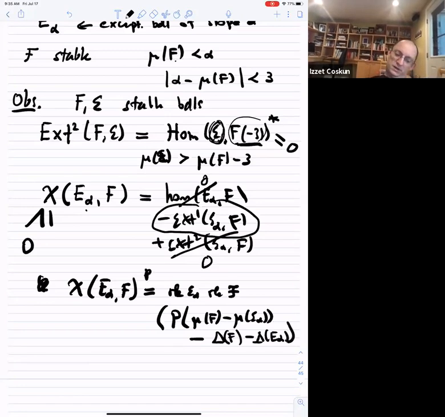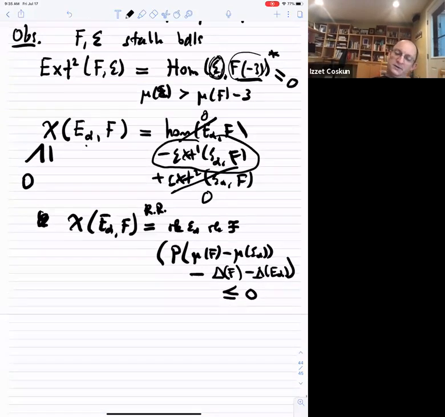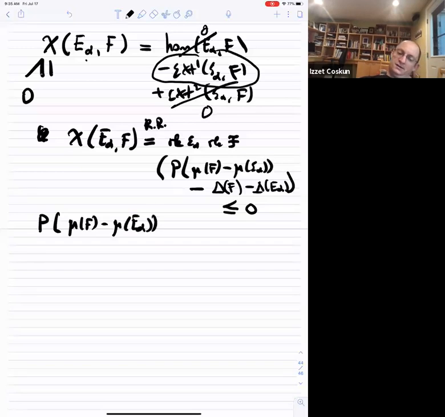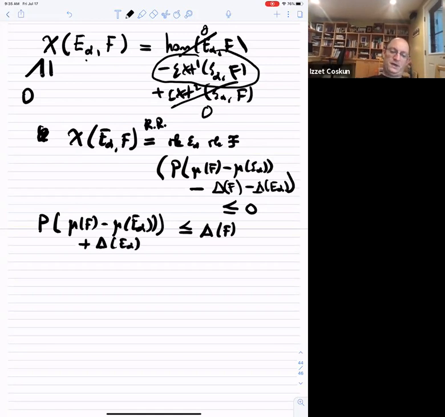And we are saying that this is less than or equal to 0. In other words, P of the slope of f minus the slope of E alpha has to be less than or equal to delta f. Maybe I just put the delta E alpha over here.